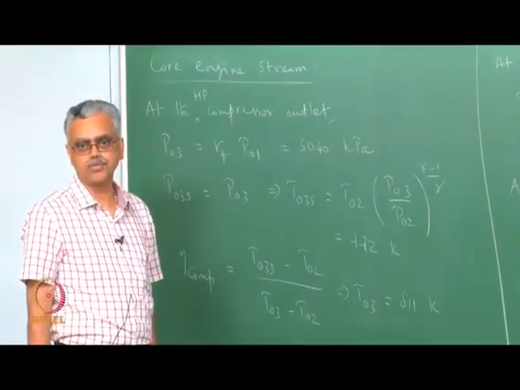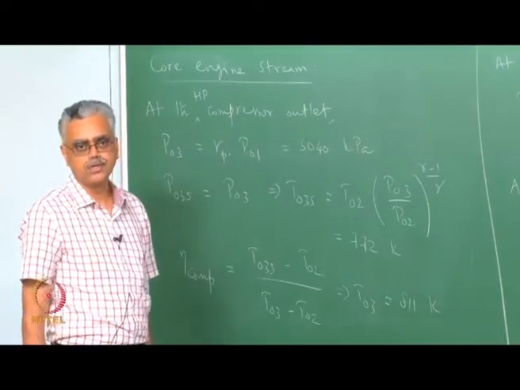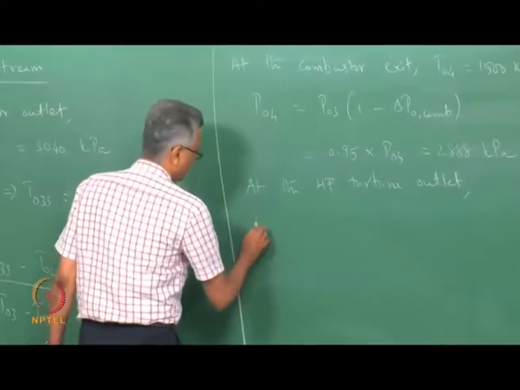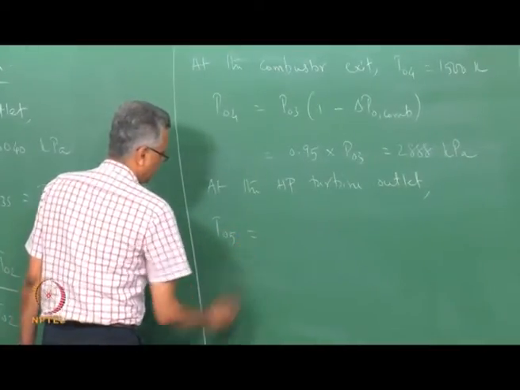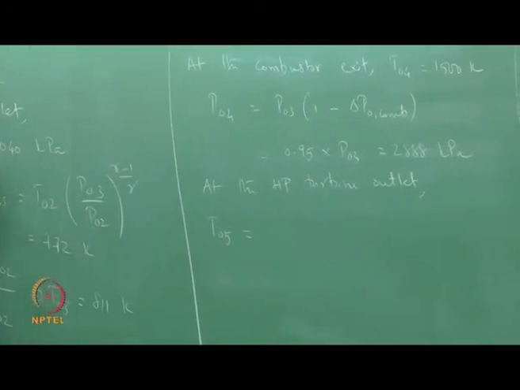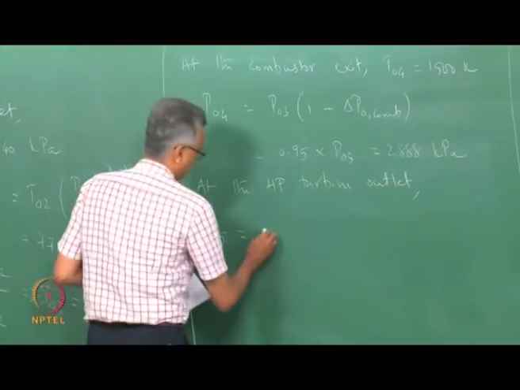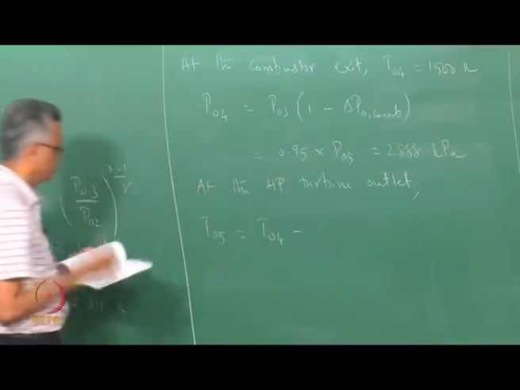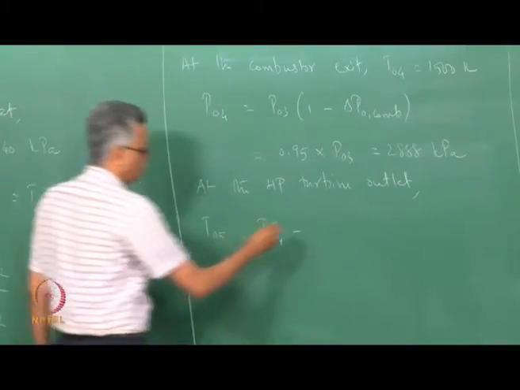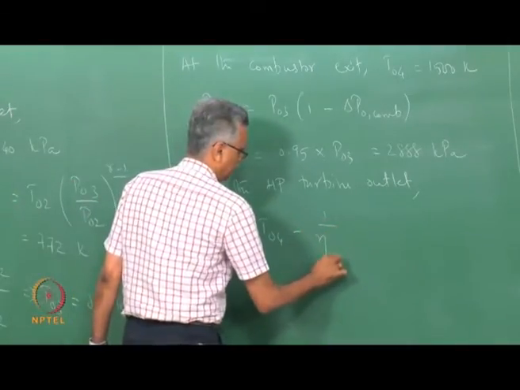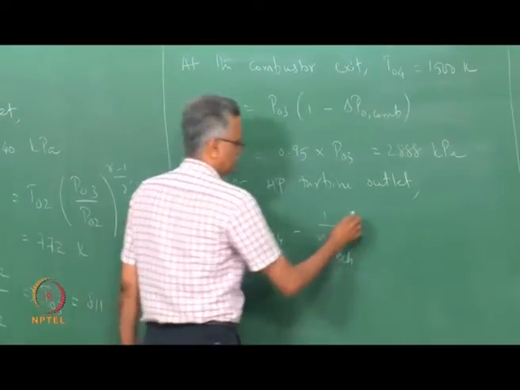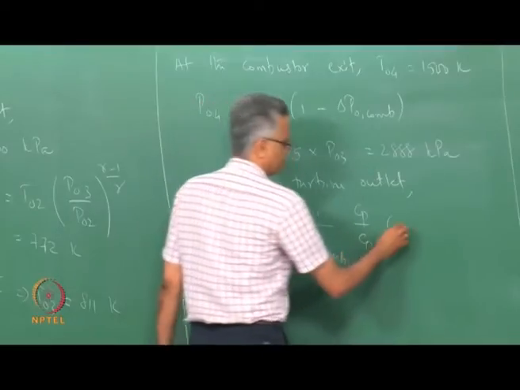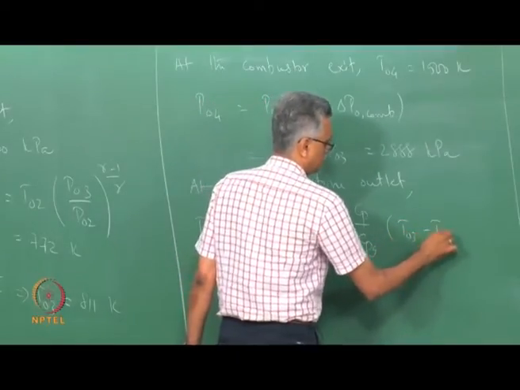The HP turbine produces just enough work to run the HP compressor, and based on the energy balance we obtained that the exit temperature at the exit of the HP turbine, T05, is equal to T04 minus 1 over eta mechanical times Cp over Cpg times T03 minus T02.